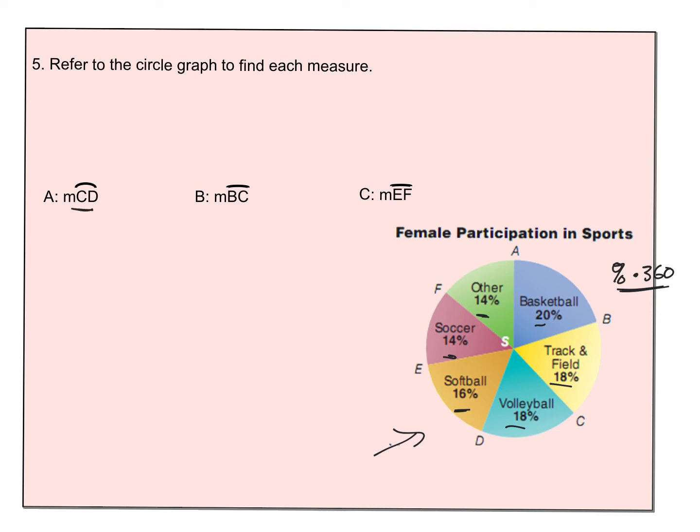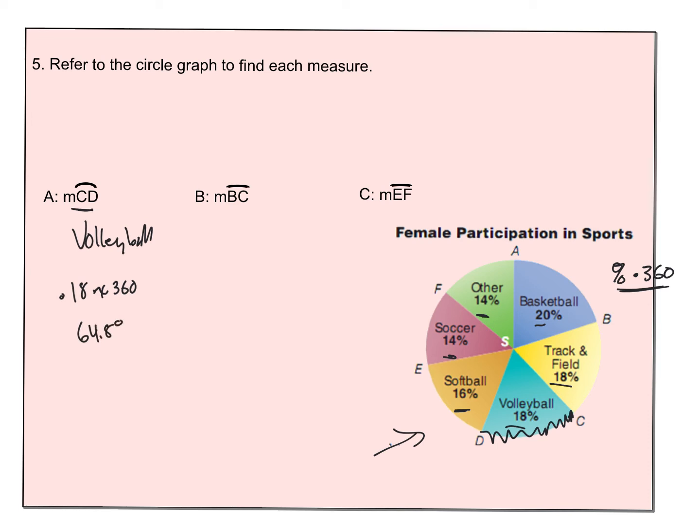So CD is right here. CD is looking at just volleyball. So now I want 18.18% times 360, so that's going to be 64.8 degrees.